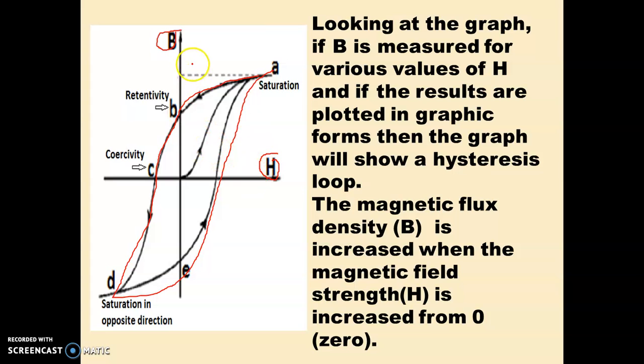The magnetic flux density B goes on increasing when the magnetic field strength H is increased from zero. Along the x-axis this is H and along the y-axis it is B. This we have to note.